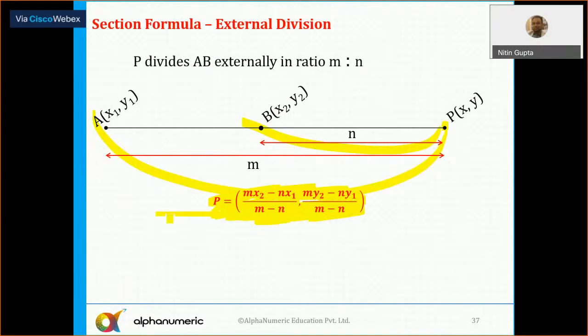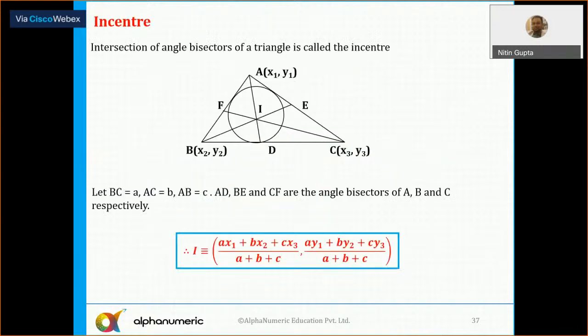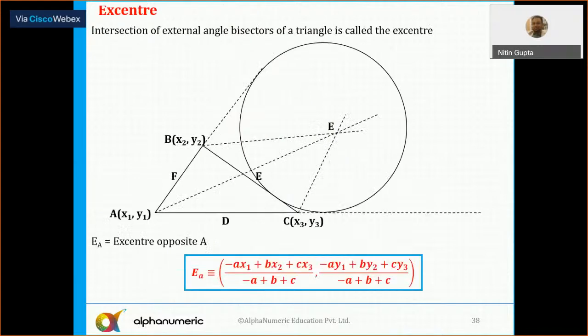Centroid of a triangle. Next, incenter. So these are the formulas for the incenter. Then excenter.